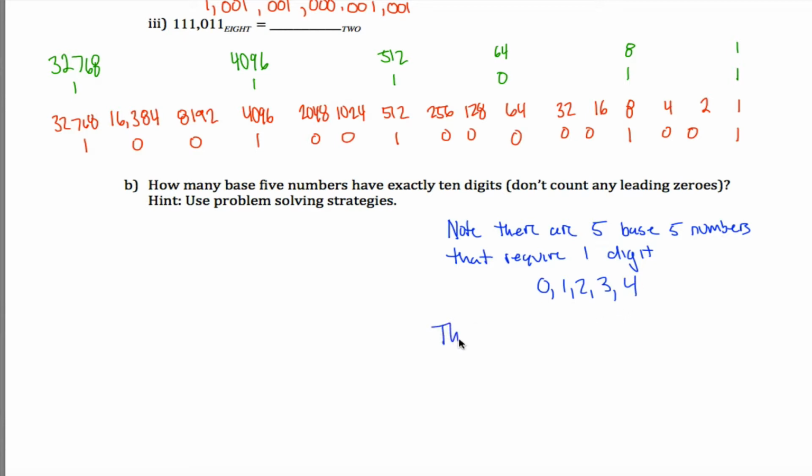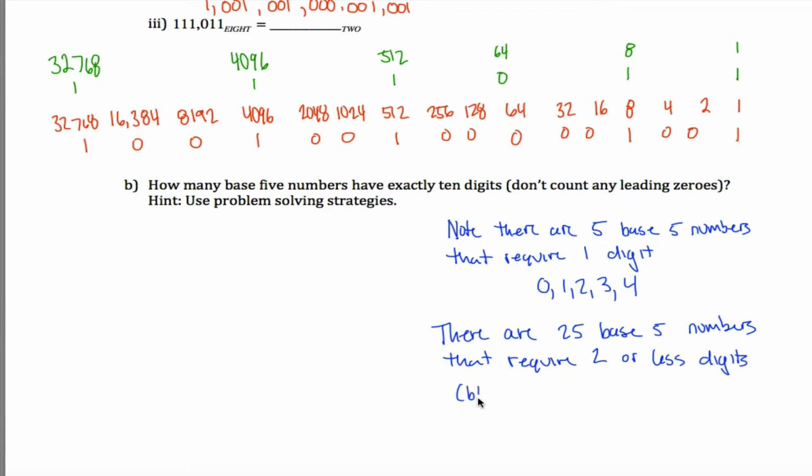There are 25 base 5 numbers that require 2 or less digits. Why is that true?